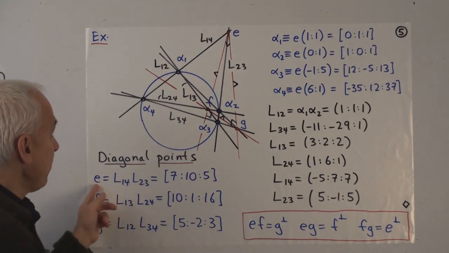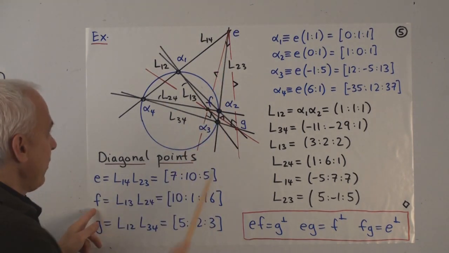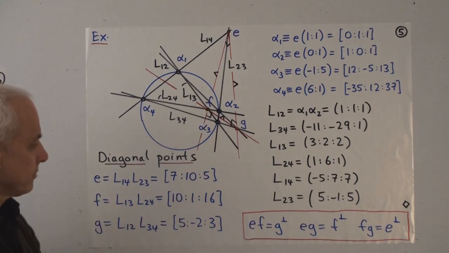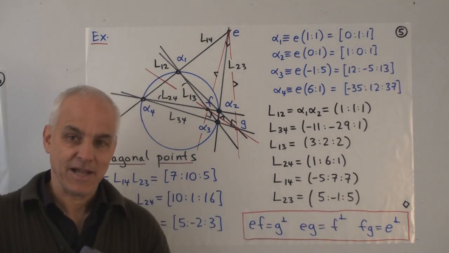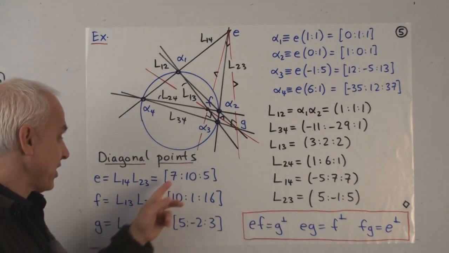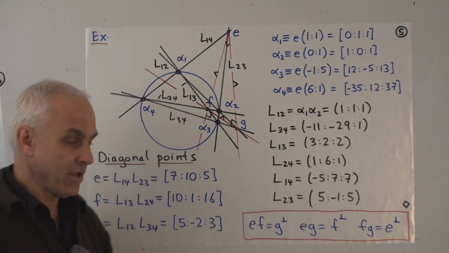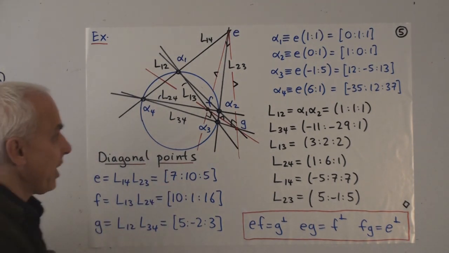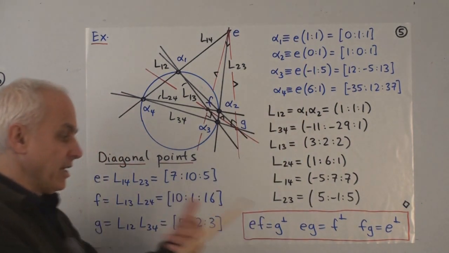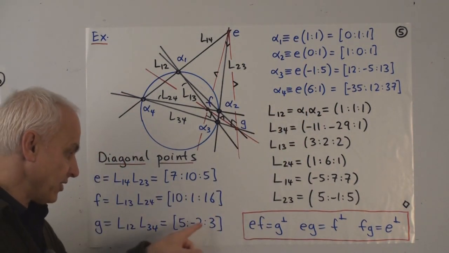And similarly for E, which is up here, and F, which is right there. Now that long complicated formula that I wrote down on the previous slide could also have been used to calculate any one of these. So the actual formula was for this one, L1, 2, 3, 4. If you plug in these 4 proportions into that formula, you're going to get 5 to minus 2 to 3.